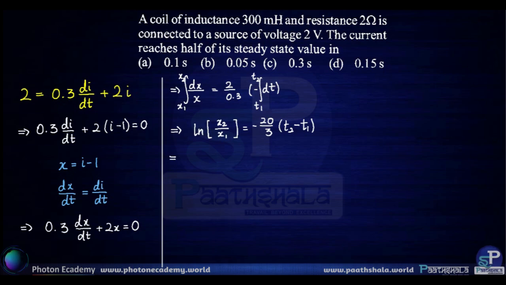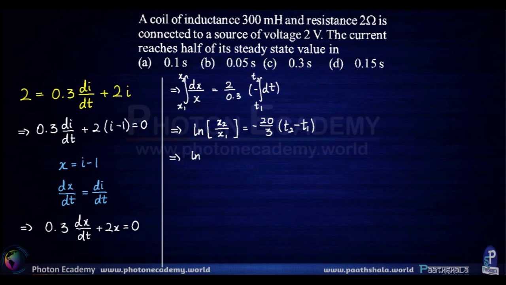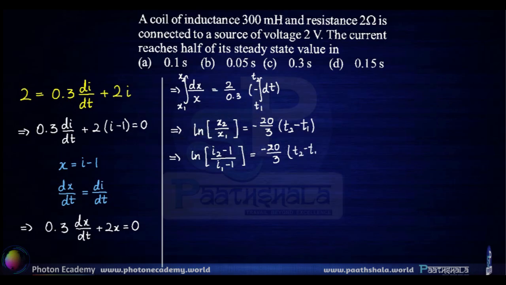And substituting the values of x1 and x2, we get I2 minus 1 divided by I1 minus 1. The natural logarithm of that is equal to minus 20 by 3 into (t2 minus t1).